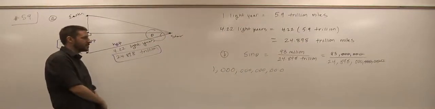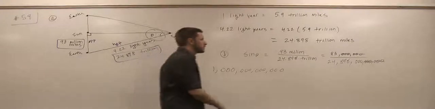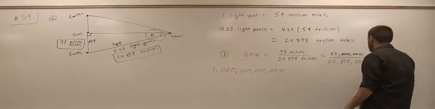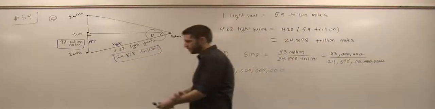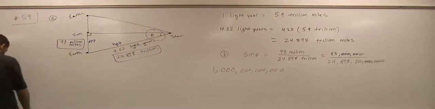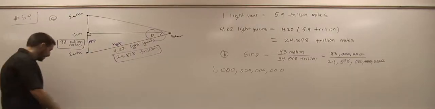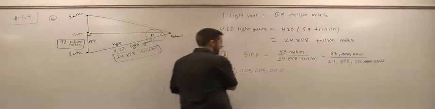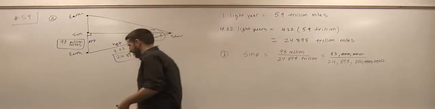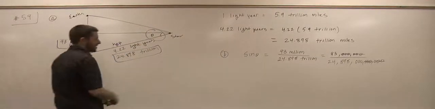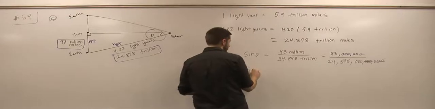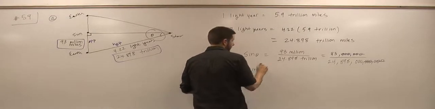So you'd have to divide 93 by 24,898,000, 24 million. Once you do that, I can finish the problem. If not, it'll be a pretty small decimal. Very small.